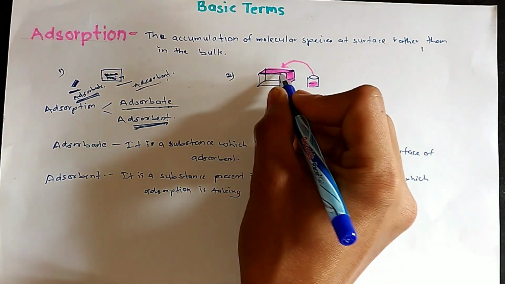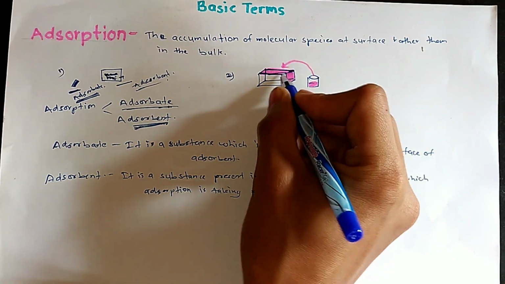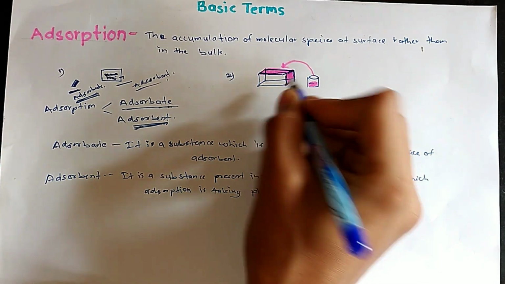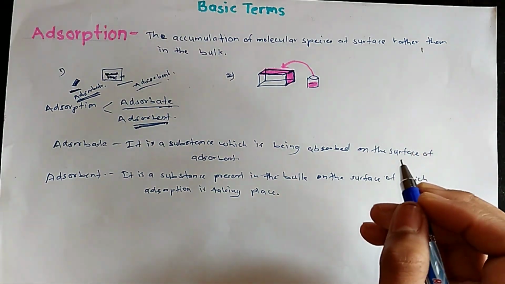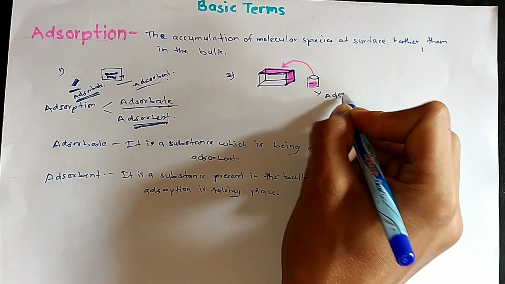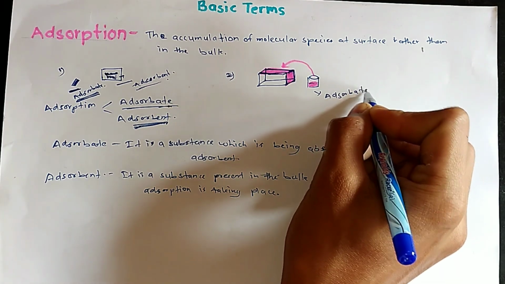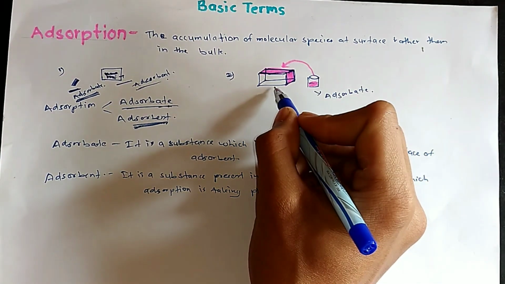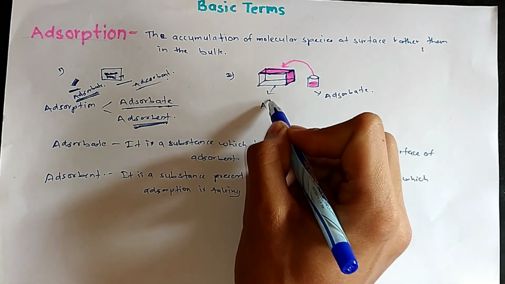It only covers the outer surface area. In this case, red color solution is the adsorbate and the wooden block is the adsorbent.